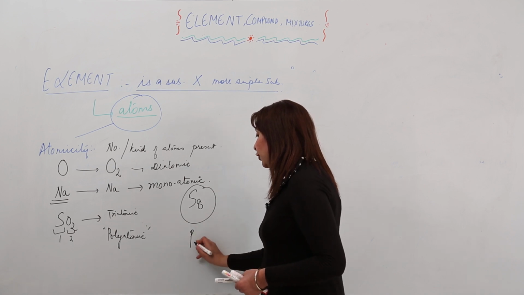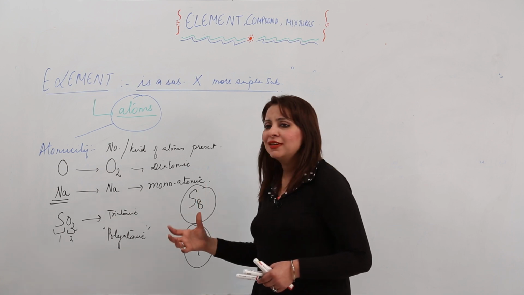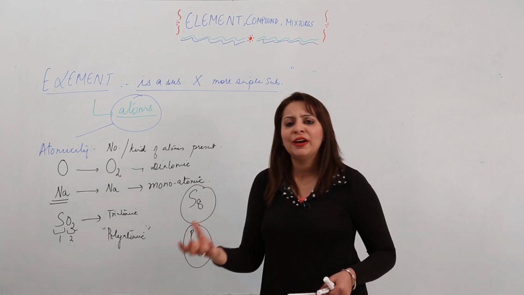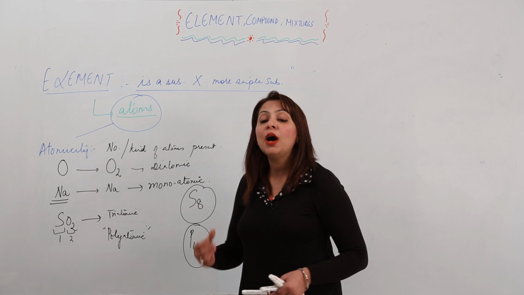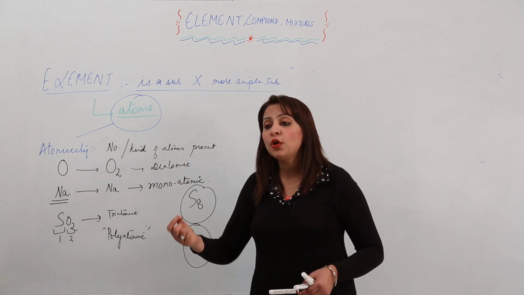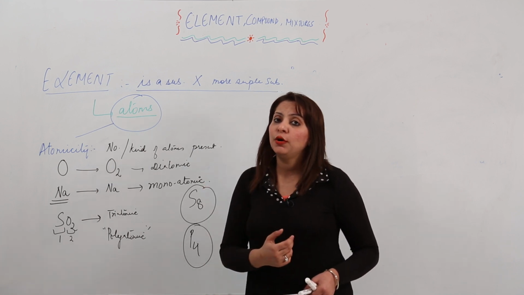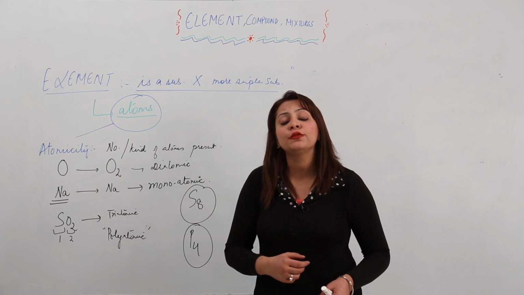Similarly, phosphorus exists in nature as P4. So this atomicity does not depend on any hard and fast rule, it just depends upon how the element is existing in nature. Is it existing in an elemental form or in a molecular form? And if it is existing in a molecular form, how many atoms are combining to form that molecule?